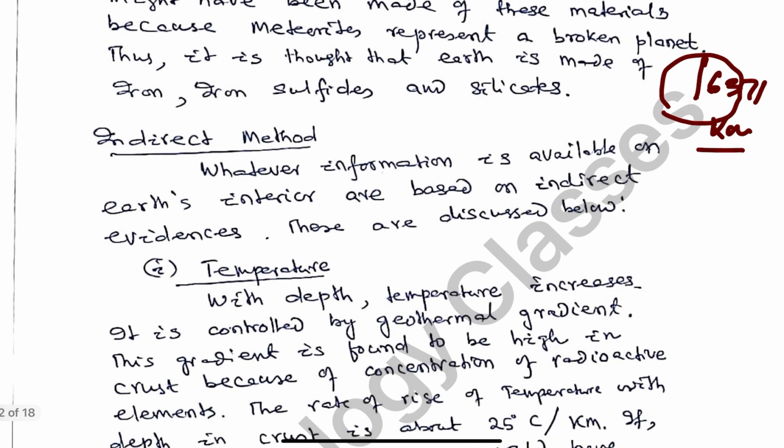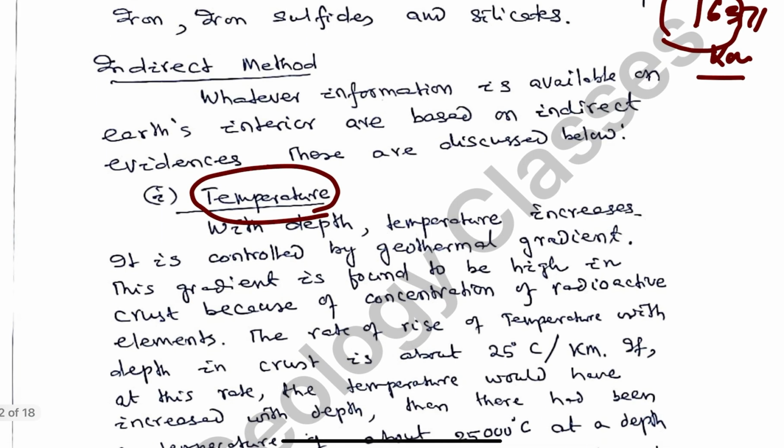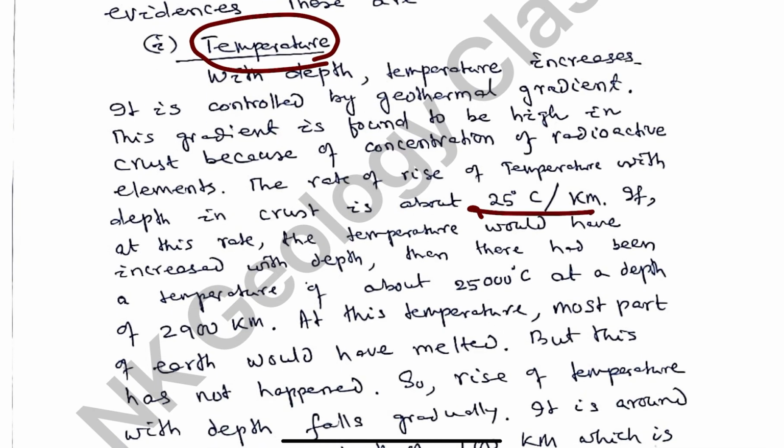So what are those indirect evidences? It is rise of temperature. If we look at the crustal rocks, the rise of temperature is more in the crust because the geothermal gradient is high because of the concentration of the radioactive elements in the crust, and that's why crust shows a high temperature gradient, about 25 degrees centigrade per kilometer.